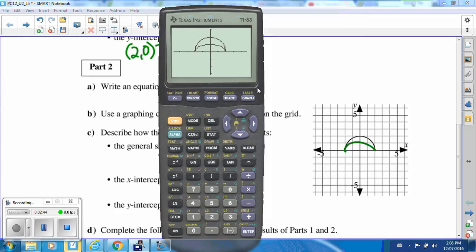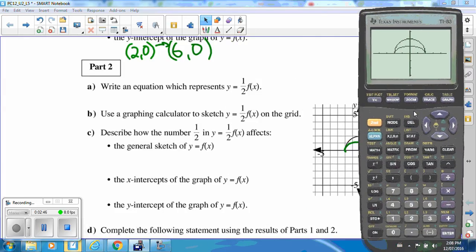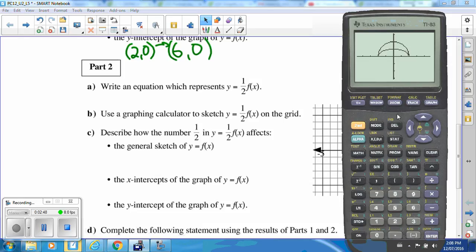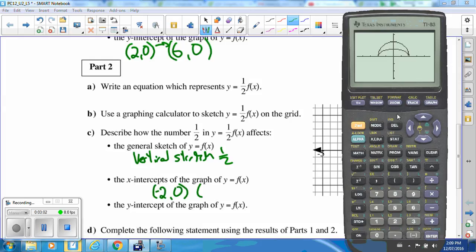We talk about compression as just being fractional stretches. So it's always still a stretch, just fractionally. So this is a vertical stretch by 1/2. The x-intercepts are still (-2, 0) and (2, 0). The y-intercept, though, is now 1 instead of 2.